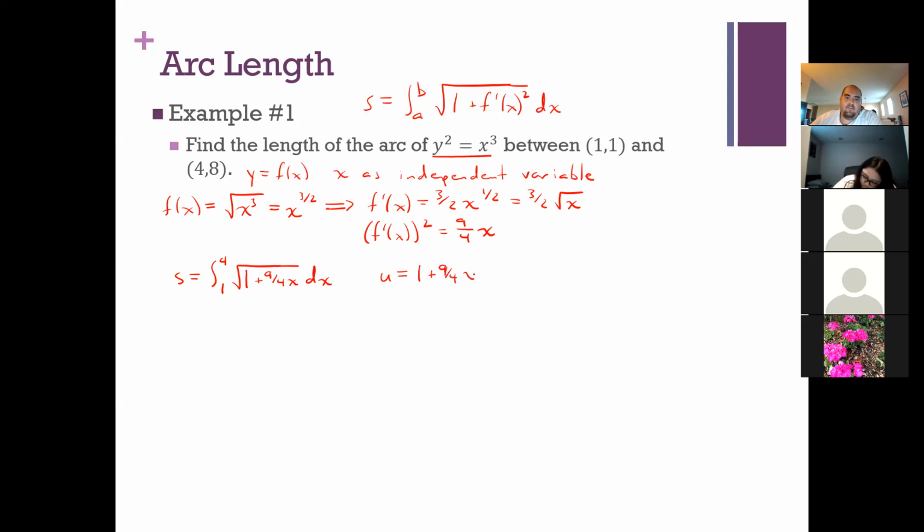And that means that du is equal to 9/4 dx, or that dx is equal to 4/9 du. So we can start using that to transform this integral in terms of u.